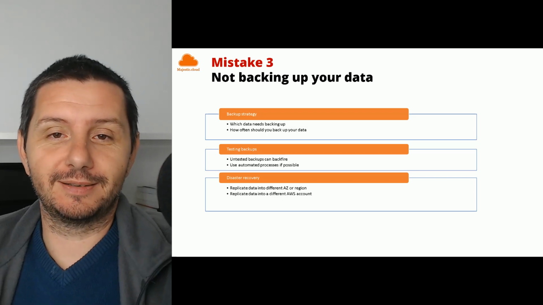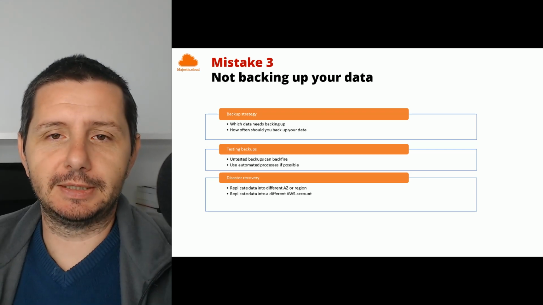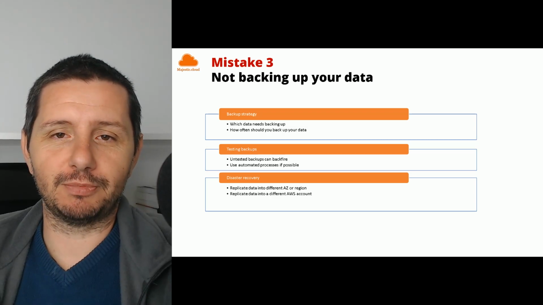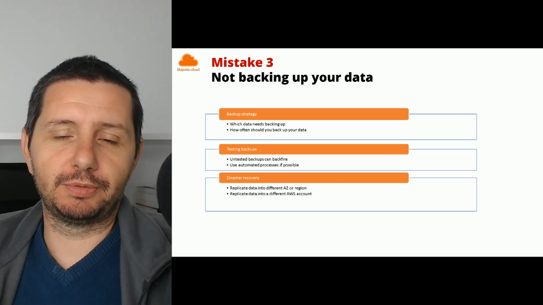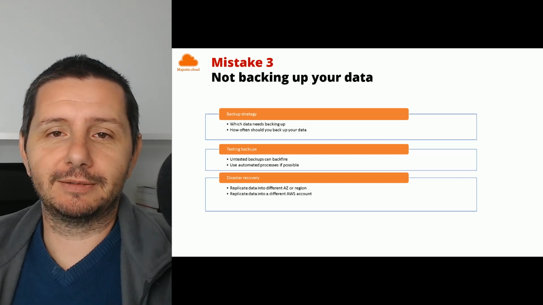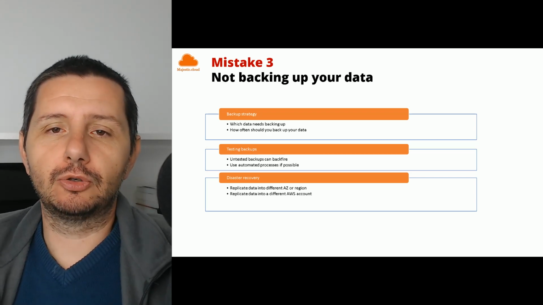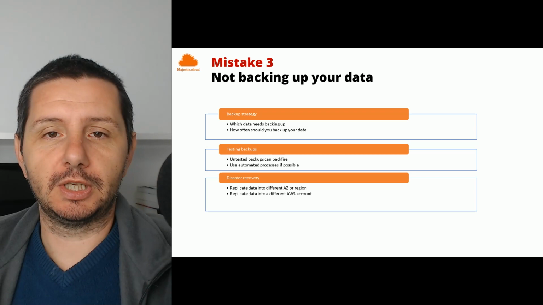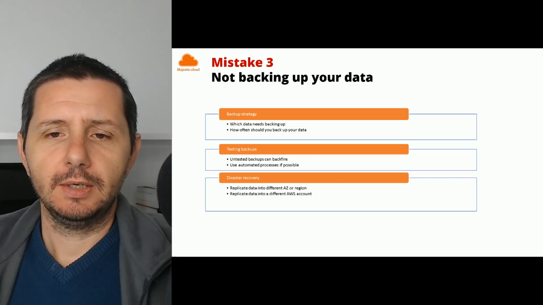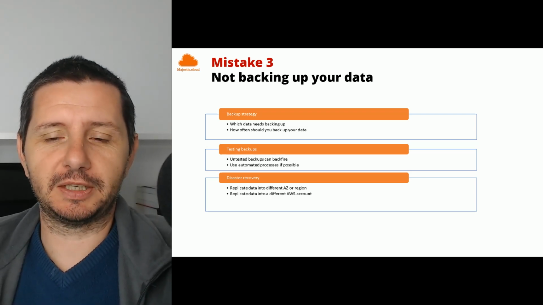So you basically did the backups, but because they are in the same account that got breached, everything is deleted. So the idea here is to push them to a different AWS account, because that probably might not be breached, ideally as well. So then that data would be safer being in a different AWS account, and you could restore it from there even if your other AWS account got wiped. So this is how you prevent this third mistake, not backing up your data.